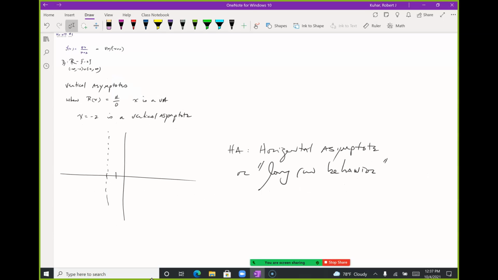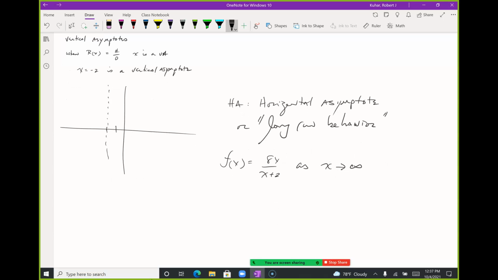So I want to look at f of x equal to 8x over x plus 2 as x goes to infinity. So what happens is the numerator adopts the mother and the denominator adopts the mother. So 8x over x plus 2 is really similar in the long run to 8x over x, which is 8. So y equals 8 is the horizontal asymptote.